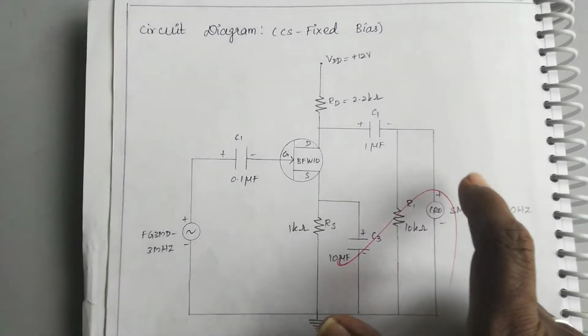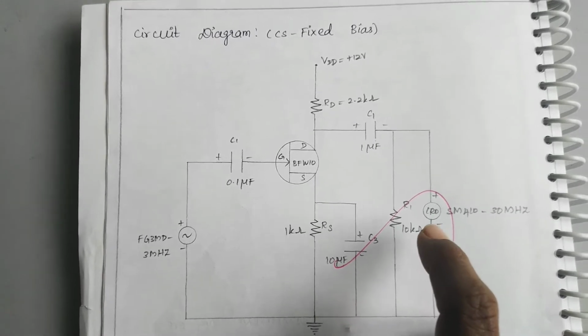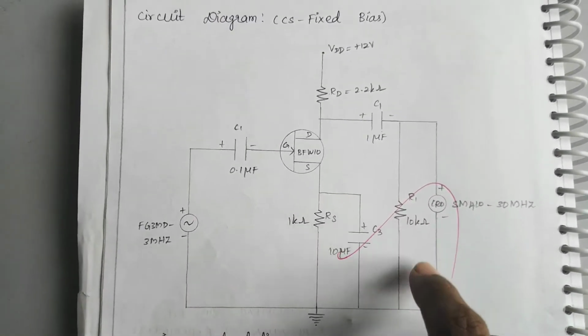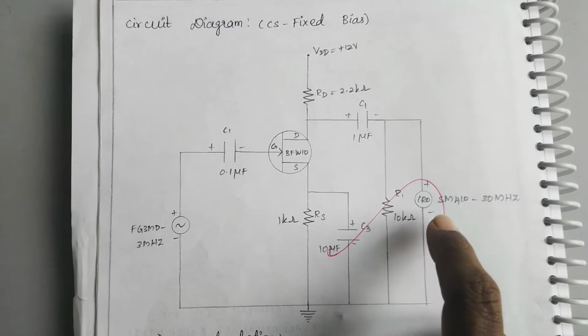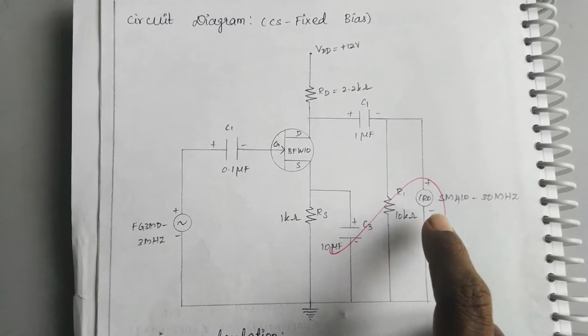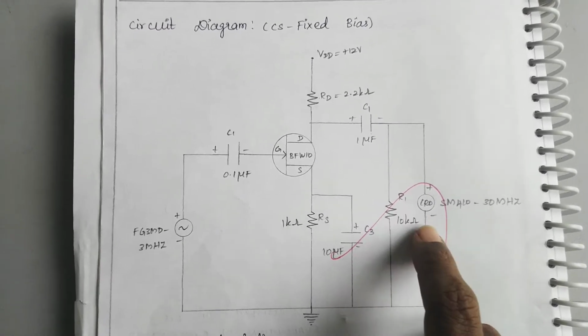We can take the output from the drain and source terminals by using the cathode ray oscilloscope having the range of 30 or 25 megahertz.